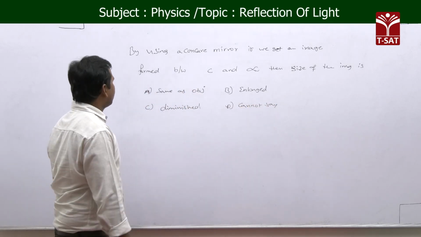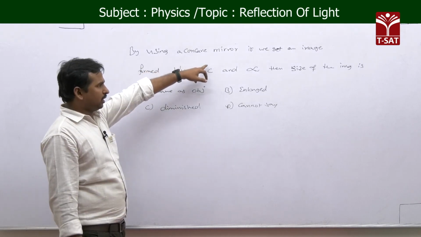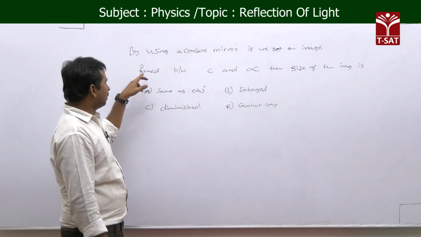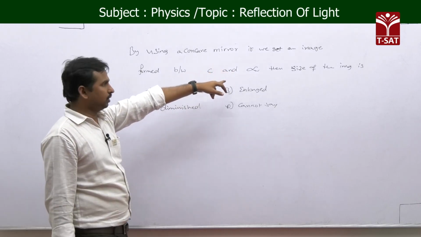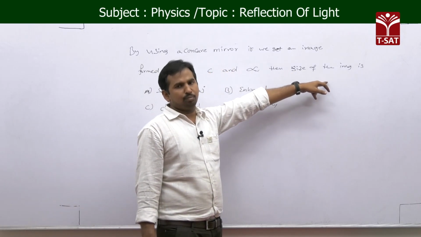So here, by using a concave mirror, if we get an image formed between C and infinity, then what about the size of the image?